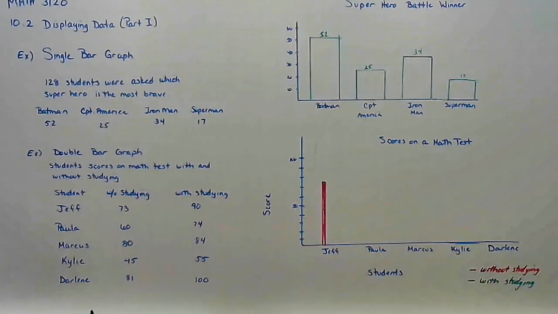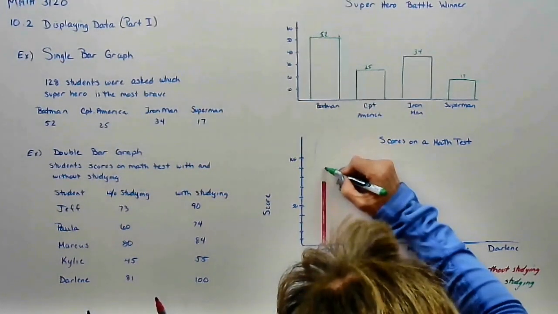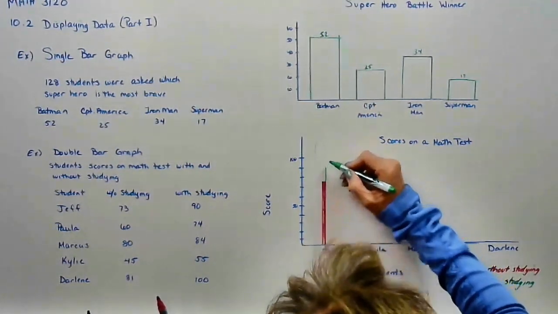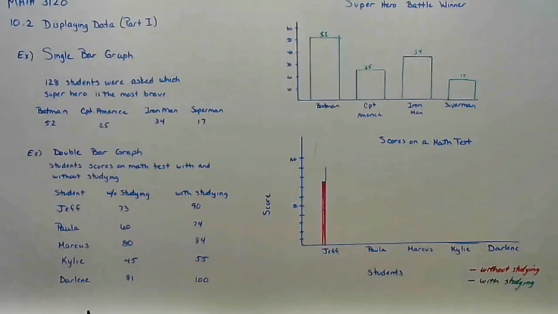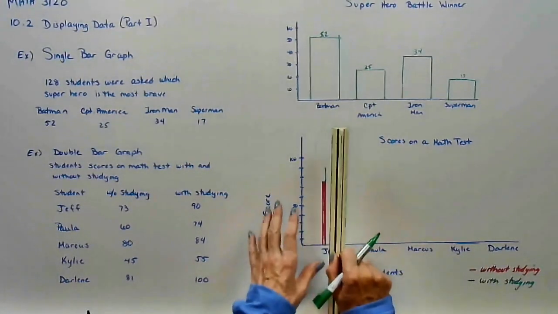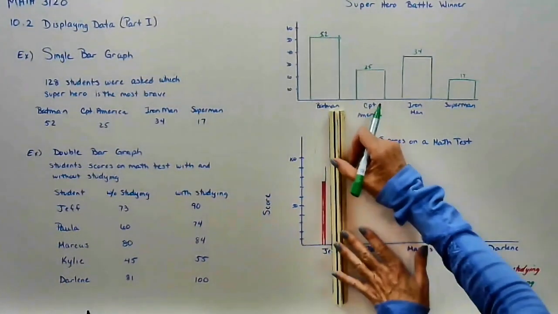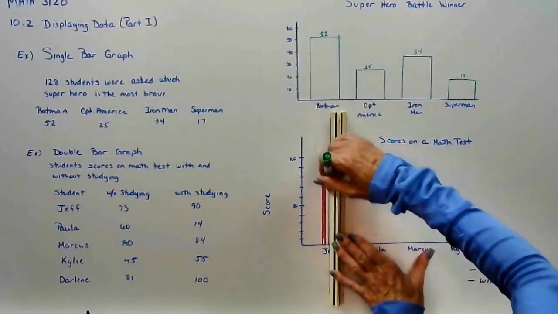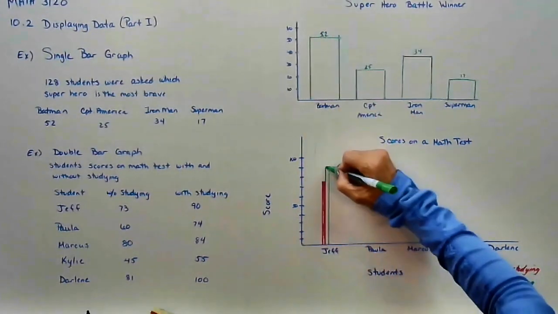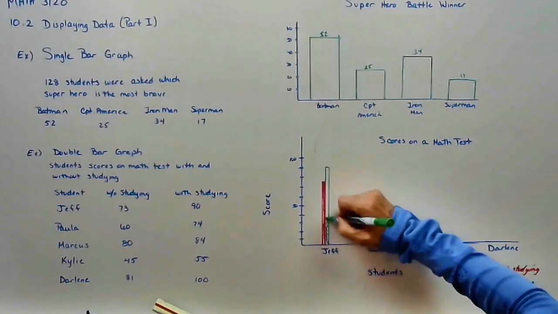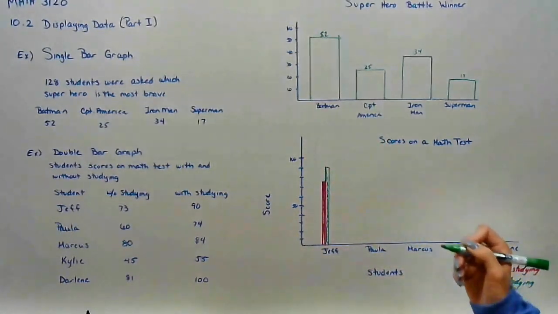Whoops. So we got a 90. So what I'm doing is I'm making a double bar graph, using both of these. So here's Jeff with and without studying.